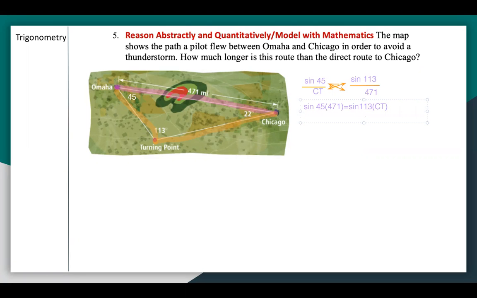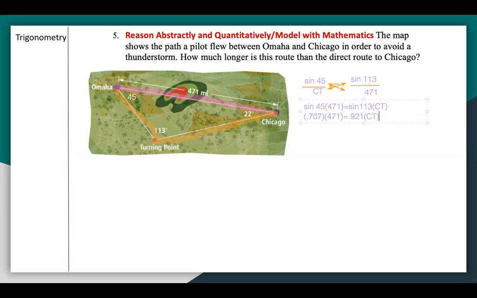The sine of 45 is 0.707, so 0.707 times 471 should be equal to the sine of 113, which is 0.92, times CT.